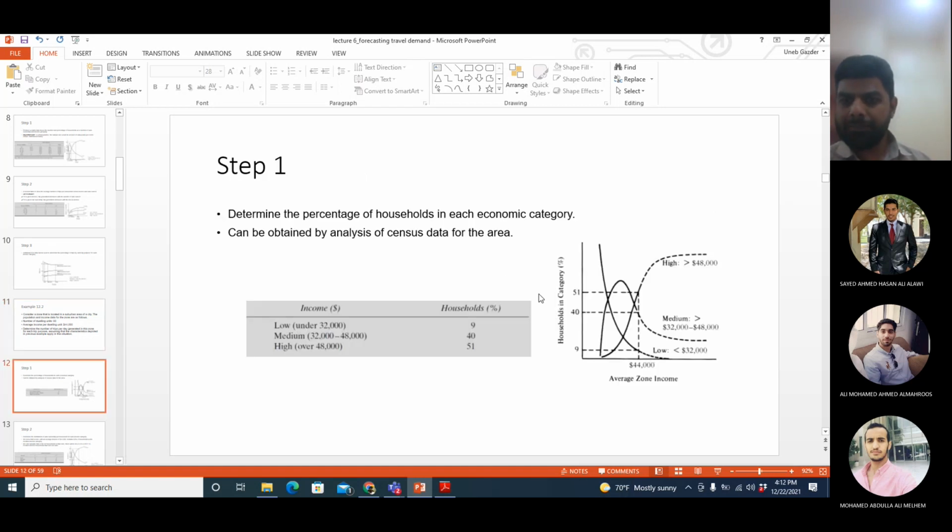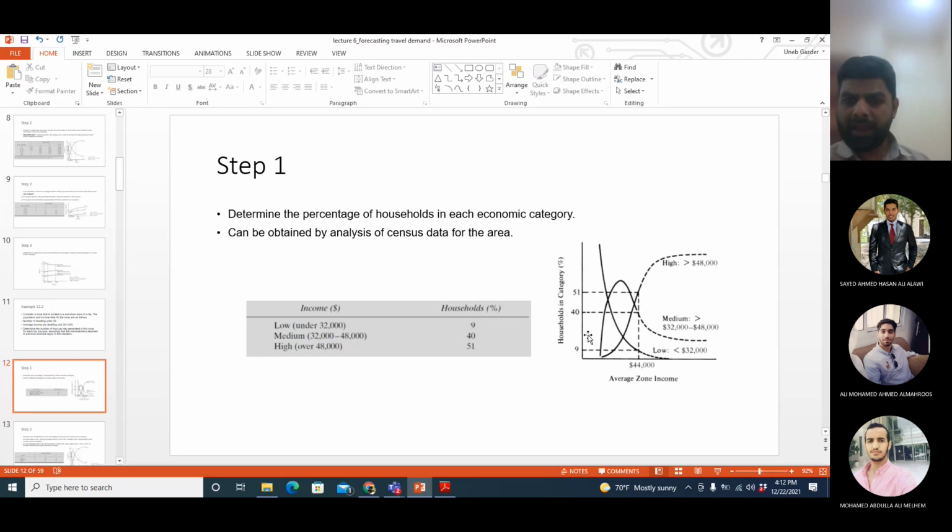Okay, and from the sample we have already plotted these three curves, showing the percentage of households belonging to each income category. We have one curve for low income, one for high income, one for medium income. These curves are plotted between income and percentage of households from the sample data.